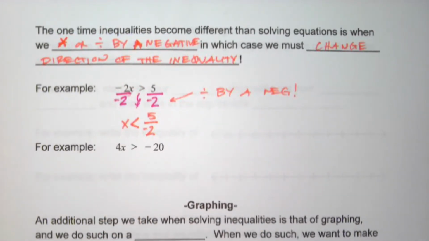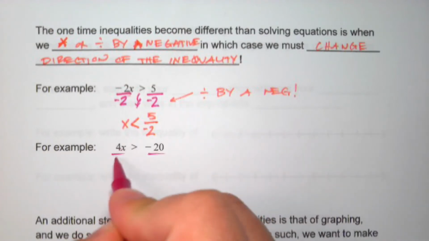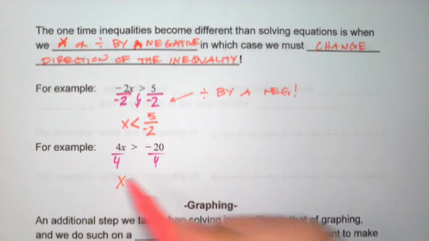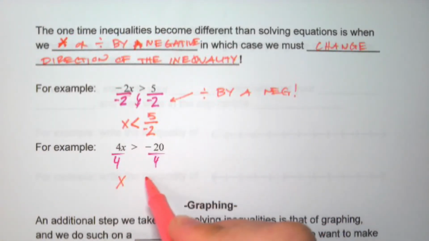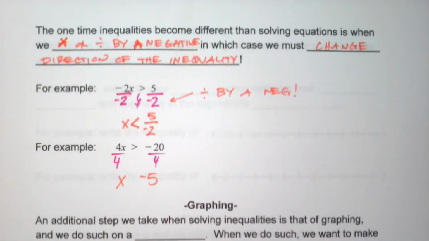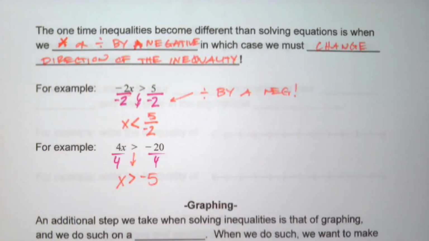Now, example 2 is slightly different. So again, we see some division that we need to do because it's 4 times x. The 4's cancel. 20 divided by 4 is 5, but it's negative. Now here's the weird thing about this second example. We don't change the direction this time.